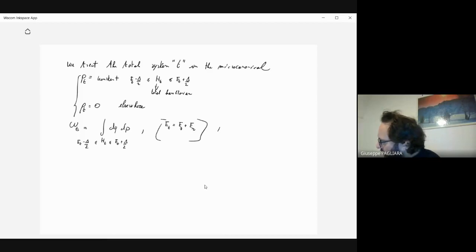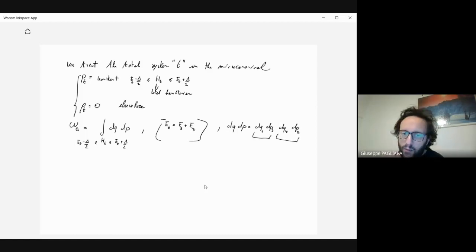And let's also specify the fact that dq dp is actually dqs dps dqr dpr, where the first two coordinates and momenta refer to the system S, and the dqr dpr refer to the system R, which is the reservoir.